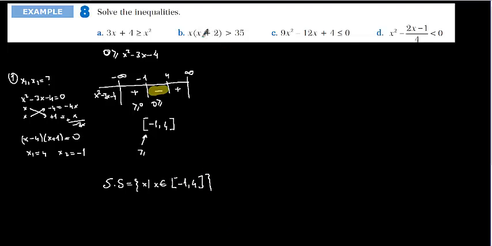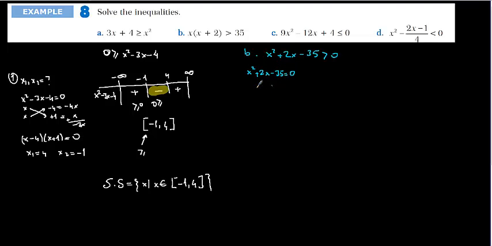For question B, we are going to firstly multiply the terms and collect the terms to one side. Here x squared plus 2x minus 35 is greater than 0. Again the sign is positive. First I'm going to factorize x squared plus 2x minus 35.